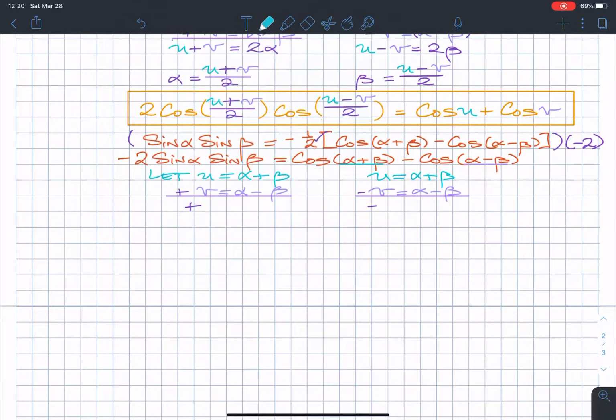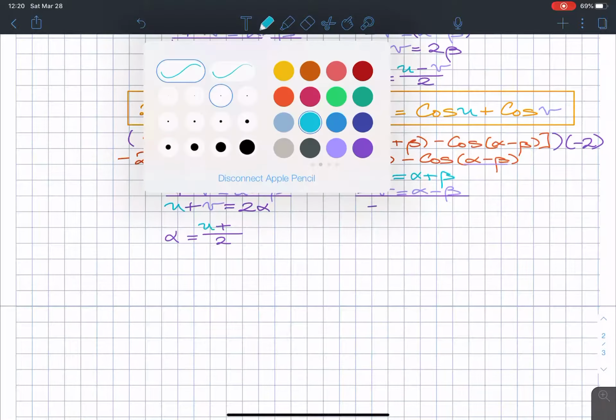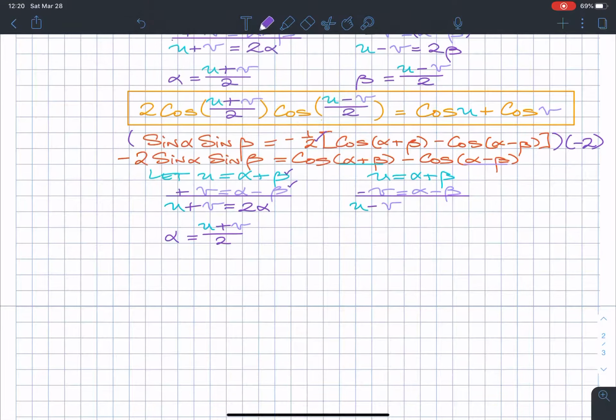On the left, I have u plus v, and the betas reduce, so that's 2 alpha, which means that alpha will be u plus v all over 2. Similarly, on the right I have u minus v, which means I'm going to negate the alpha minus beta, so the alphas reduce and I get 2 positive betas. So beta will be u minus v divided by 2.